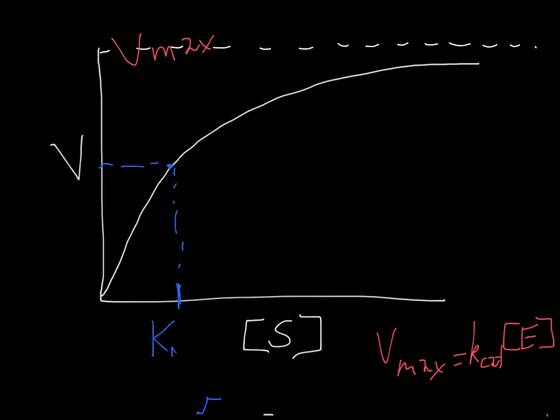It's called the Michaelis constant. It's actually a little bit more complex than what your book probably explains it as, mathematically complex.